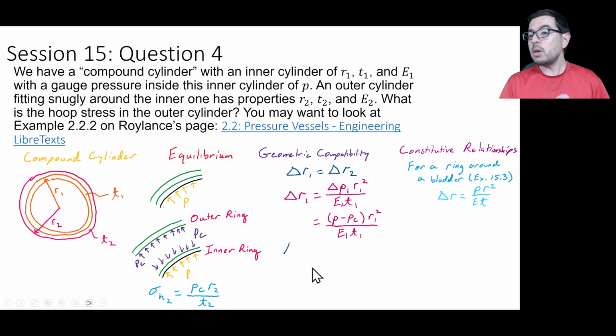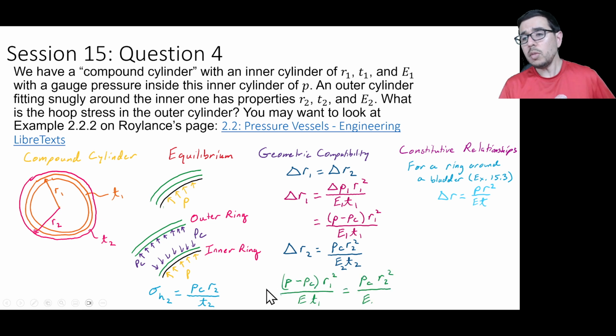For delta R2, we can write that this is the gauge pressure, PC, and we simply substitute as is appropriate. We now use our geometric compatibility, put these two equal to each other, and we have the following. P minus PC, times R1 squared over E1 T1 is going to be equal to PC R2 squared over E2 T2.